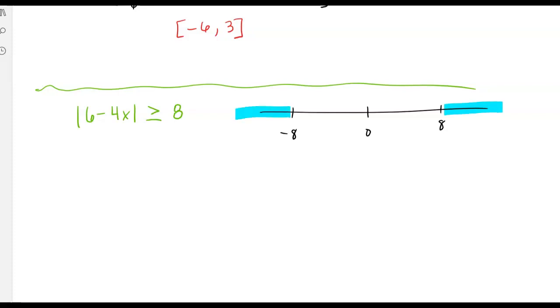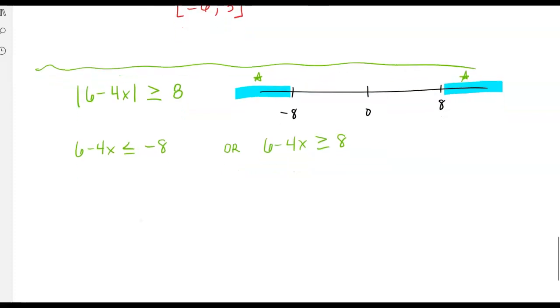It's on the outsides. So looking at this picture that I've drawn, I know that one of the equations will be that 6 minus 4x is going to be less than or equal to negative 8. That's this part right here. Looking at the other part, I get that 6 minus 4x is greater than or equal to 8. The distance is farther away than 8 from 0.